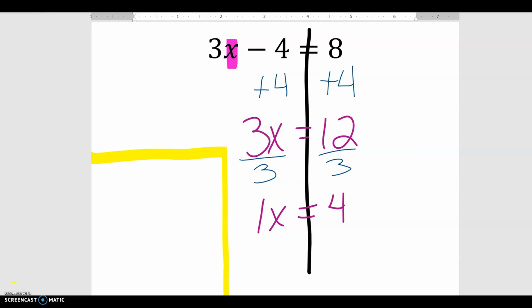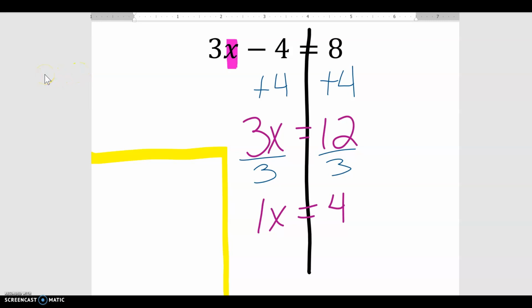Now here's one of the great things about solving equations. You can check every single one of your answers to see if you are correct. So in this problem that we worked, we came up with 1x is equal to 4. So now we're going to find out whether or not that's true. So we're going to take what x is equal to, which is 4, and we're going to plug it back into our original equation to see if it gives us a true statement.